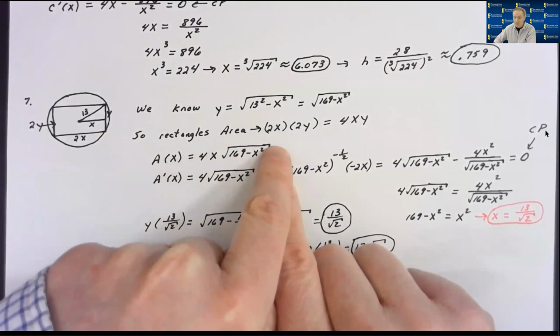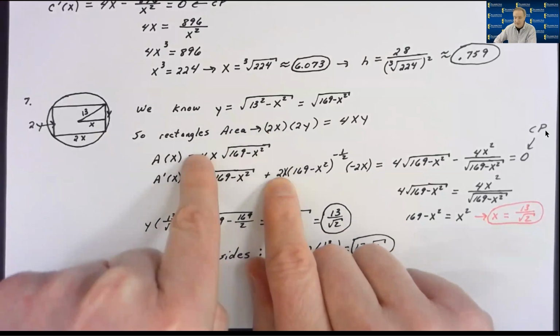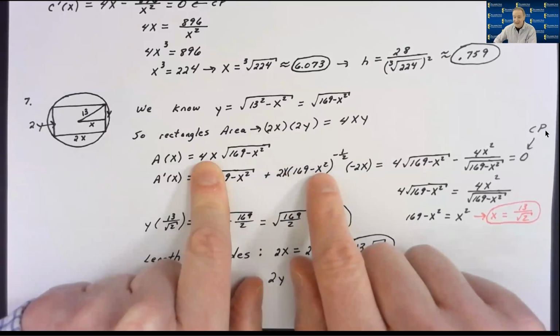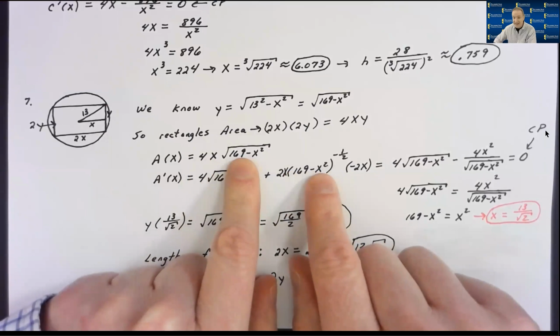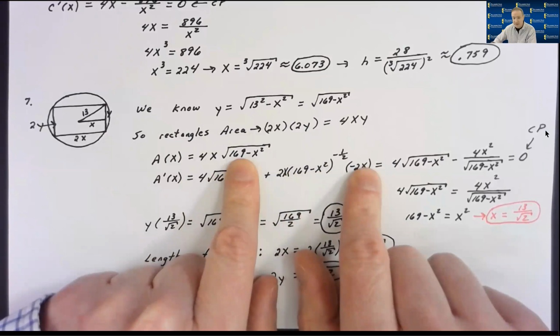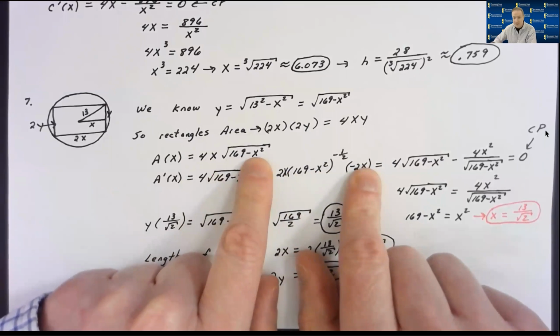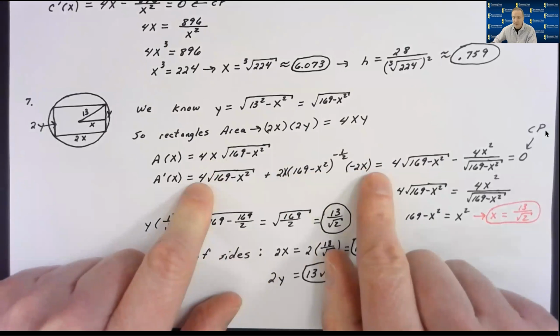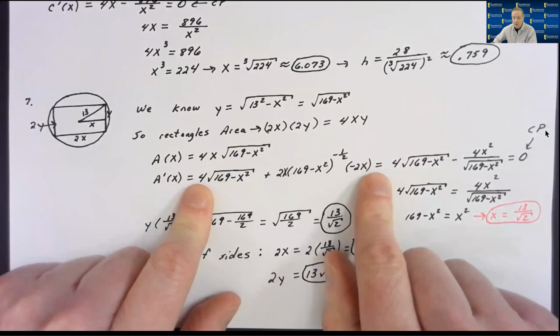And this is a group to the 1/2 power. That 1/2 came down and multiplied the 4x to give me 2x, times the group to the negative 1/2 power, times the derivative of what's inside of that group, which is the derivative of negative x squared, negative 2x. So now I have my derivative formula out. I need to set it equal to 0.